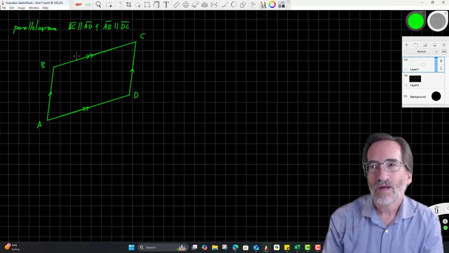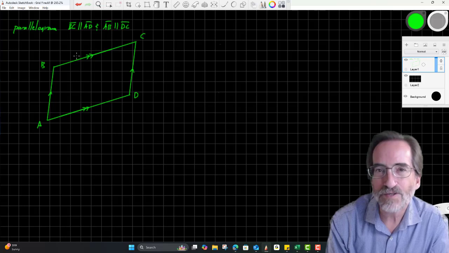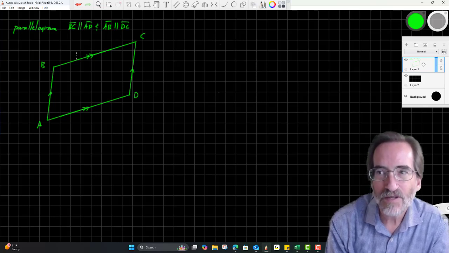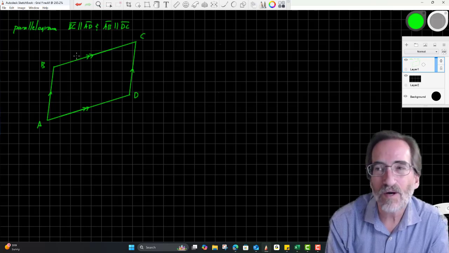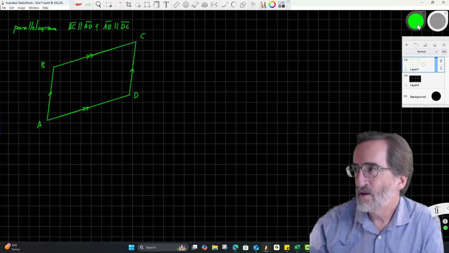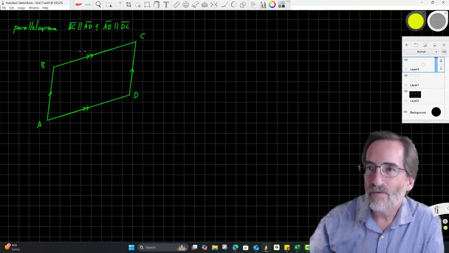Okay, and there are a number of properties of parallelograms that we will want to use and prove. One of them is a property you may already be aware of, and that is that opposite sides are congruent. So let me make a new slide here. Opposite sides are congruent.